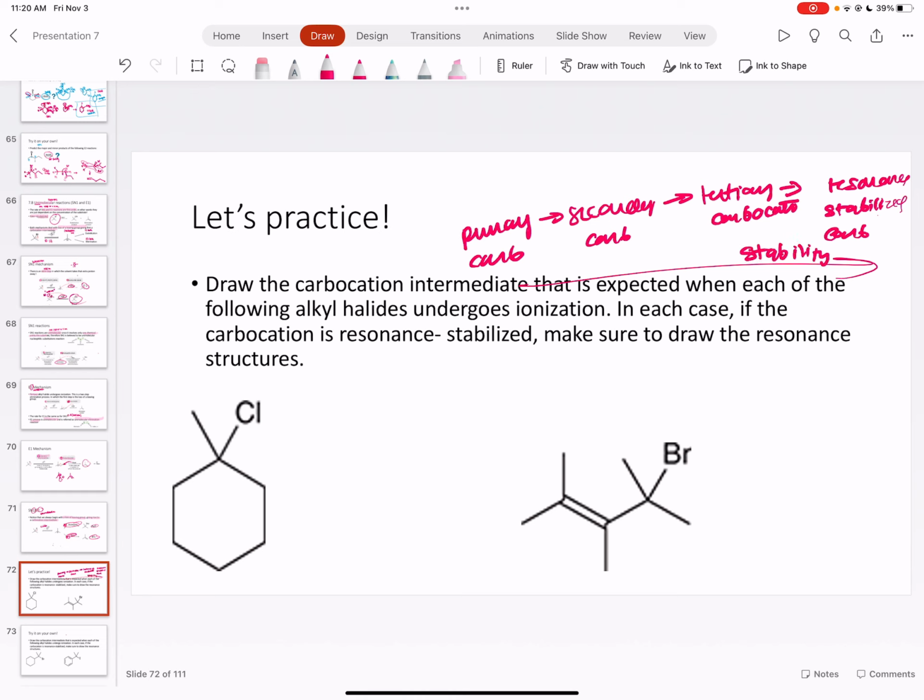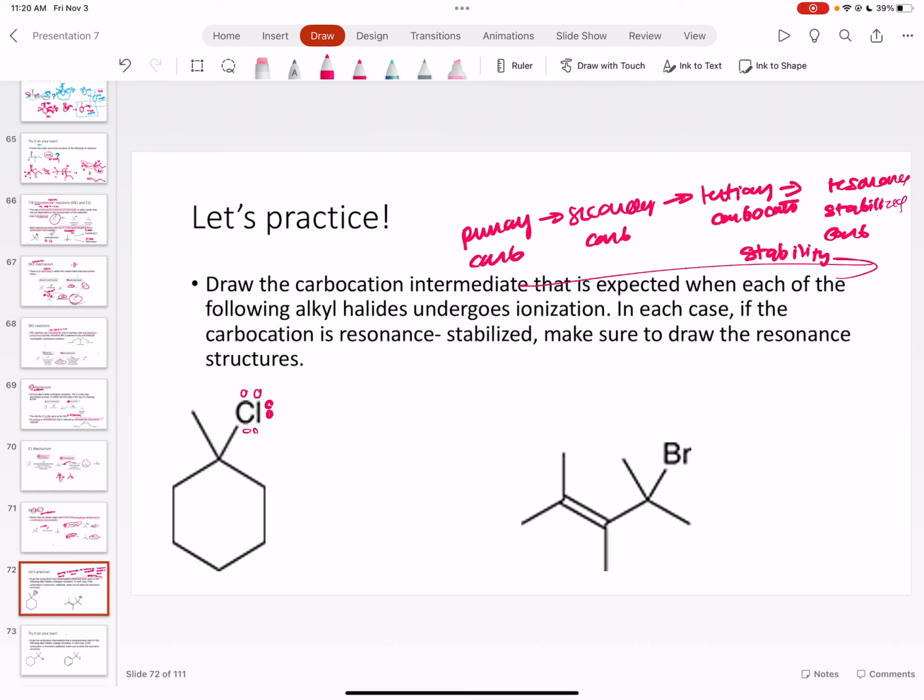So then if we have some resonance, we will show it. I will show you how to do that. So try it on your own. You can do it on your own. I personally always like to draw my lone pairs. So then we can begin.